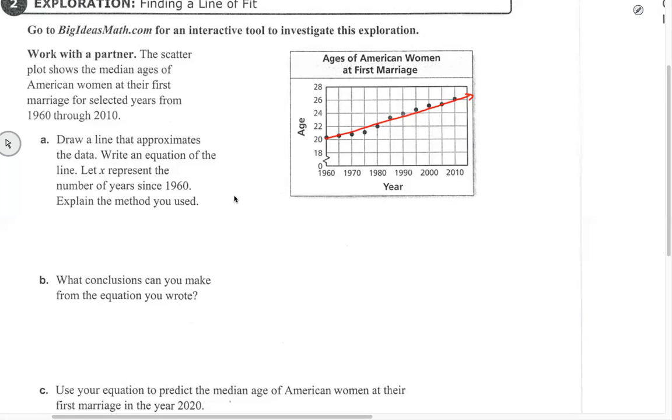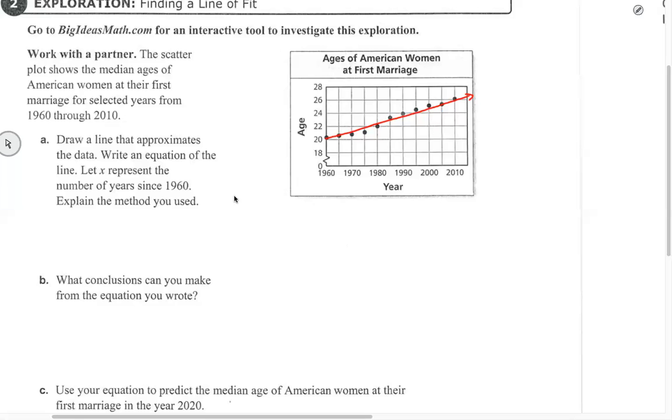But what I do want is the same number of points above my line as below my line, to the best of my ability. Now notice here, I have 1, 2, 3 points below, and I have 1, 2, 3, 4 points above. Do you see how all of these points above are pretty close to all those points below? They kind of cancel each other out, meaning they're the same distance away. That's a sign of a good best fit.